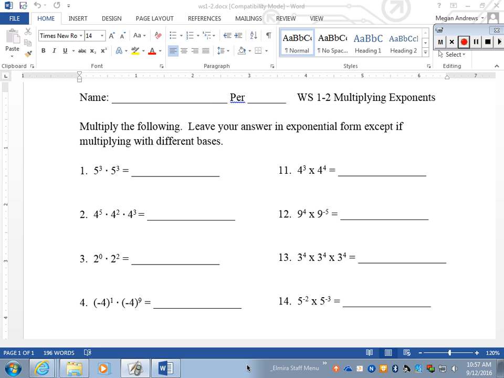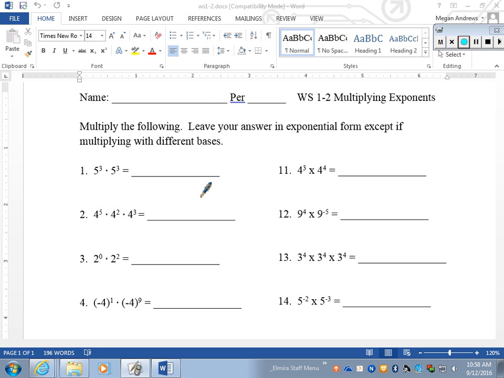Here's what I mean by that. So the first one, we have like bases, 5 and 5. I'm going to keep, that means I'm going to have exponential form. I'm going to keep my 5. 3 plus 3 is 6, and I'm done. Number 2 has all 4s for bases. Keep my 4. Then 5 plus 2 is 7, and 7 plus 3 is 10. Done.